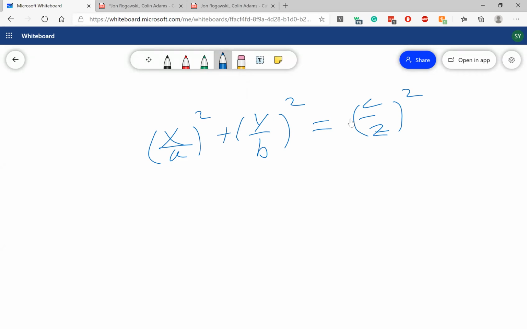Now, first again, we can notice that as we change z to different constants, these are again just different ellipses.